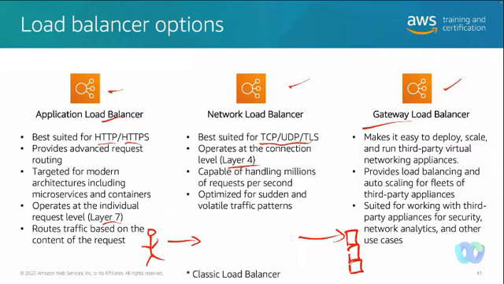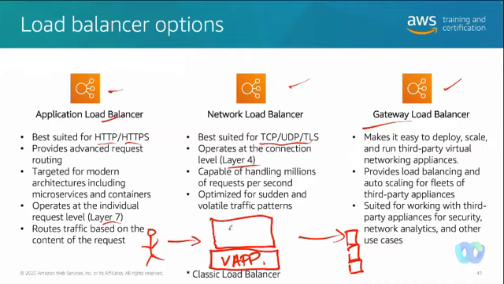I would like to analyze that traffic. Could be for security reasons, could be for compliance reasons, I don't care. But I would like to use a virtual appliance that will analyze that traffic. Well, in that case, you could use a gateway load balancer.